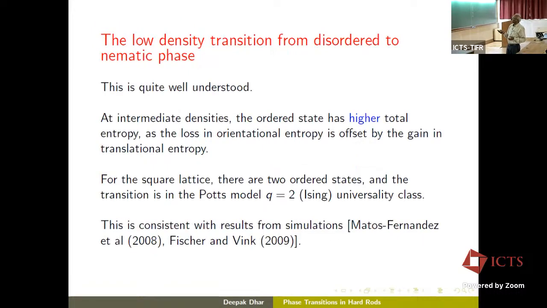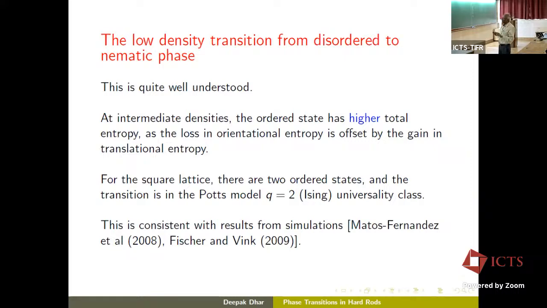So there are two ordered states, and the phase transition is in the universality class of the Q equal to 2 Potts model, which is called the Ising model. So on coarse graining, you would expect this model to be in the Ising universality class. And this seems to be consistent with what is known numerically from simulations also.